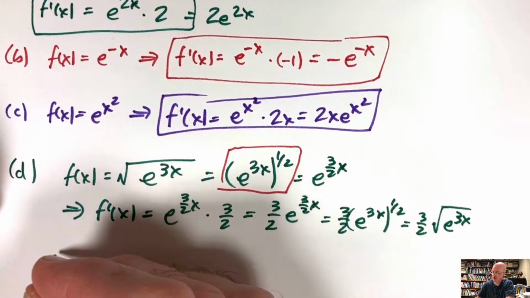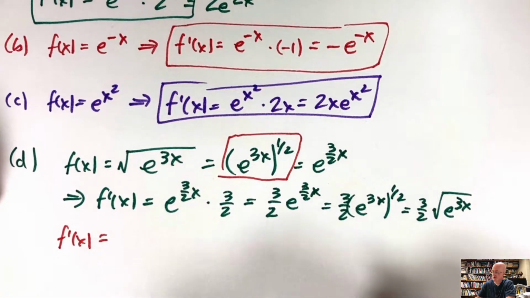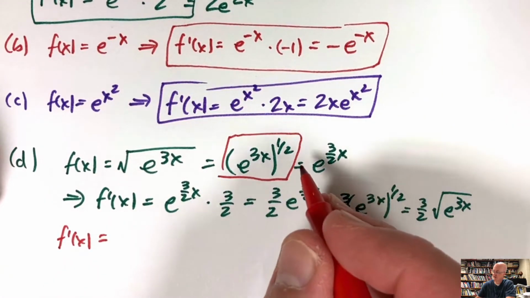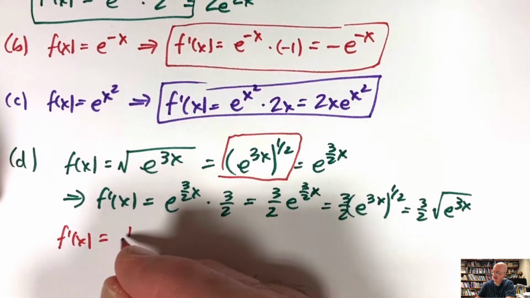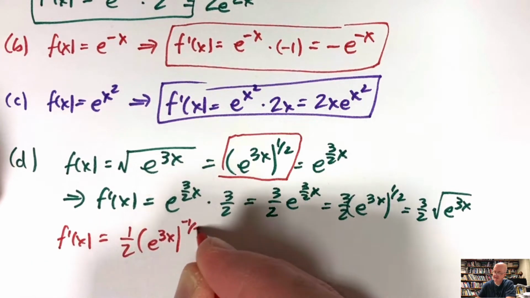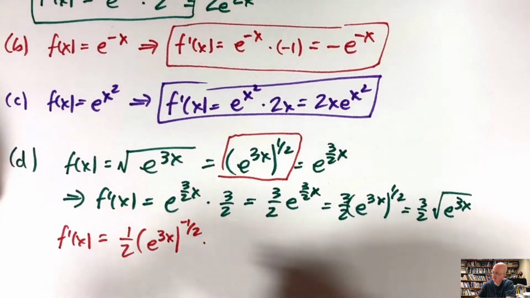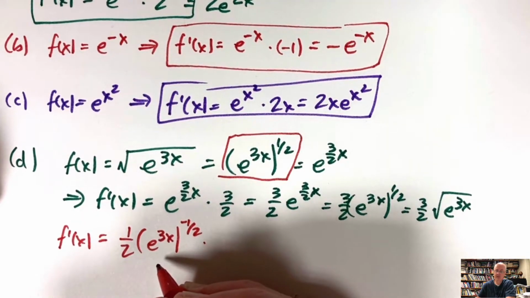So if I use the chain rule that way to try to get the same answer ultimately, you have to be careful. The derivative of the most outside function, x to the 1/2, is 1/2 x to the negative 1/2, but then I need to replace x with e to the 3x. Then multiply times the derivative of that inside function, e to the 3x, for which I need the chain rule again.